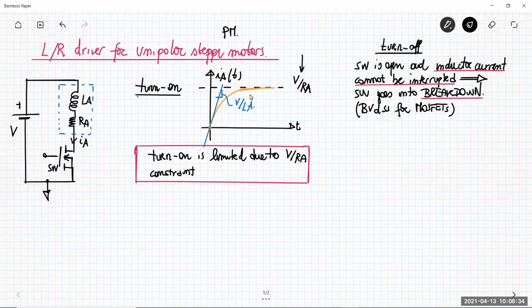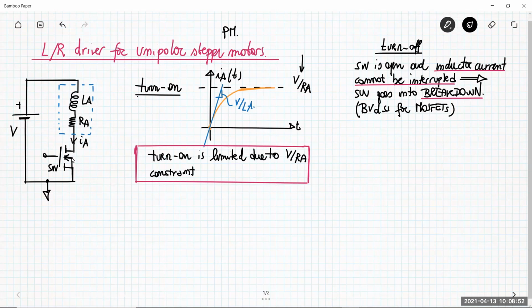It is not possible to make this energy null instantaneously, so even after you command the switch to be off, the current IA continues to flow.